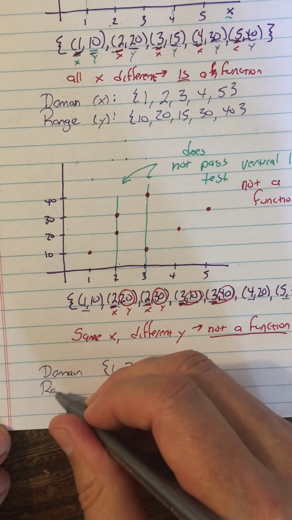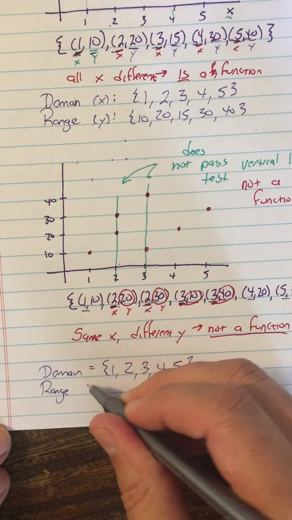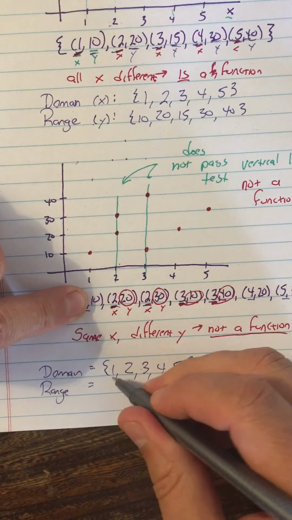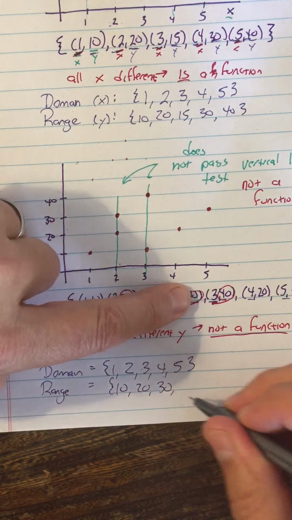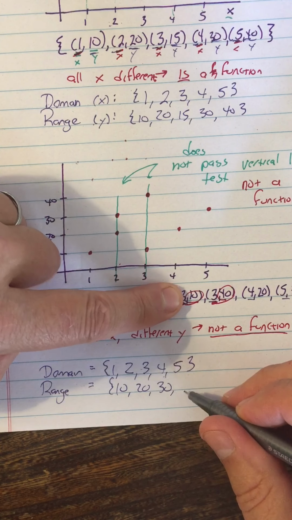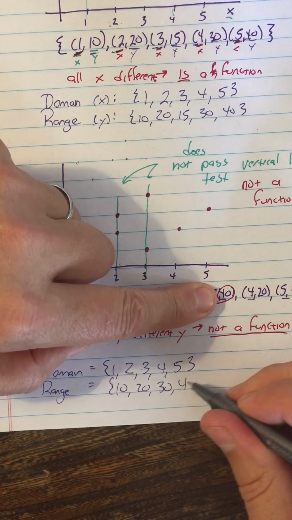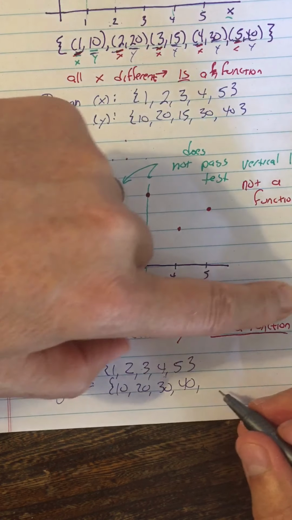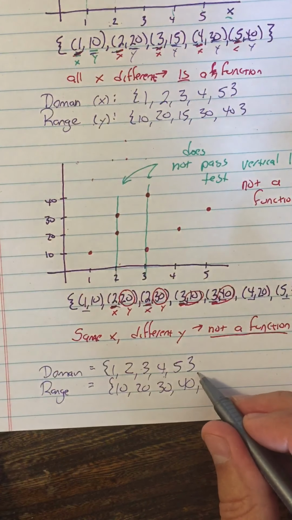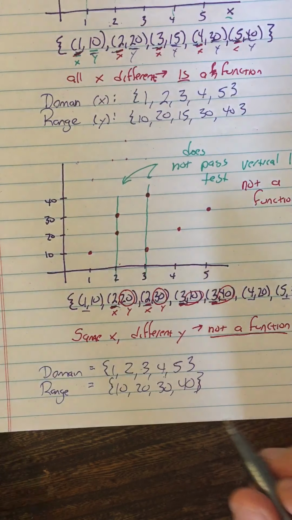But the range is all the y's. So that's 10, 20, 30. Oh, we already had 10, so I'm not going to write it again. 40. We already had 20, so I'm not going to write it again. And we already had 30, so I'm not going to write that again either. So that's my range, okay?